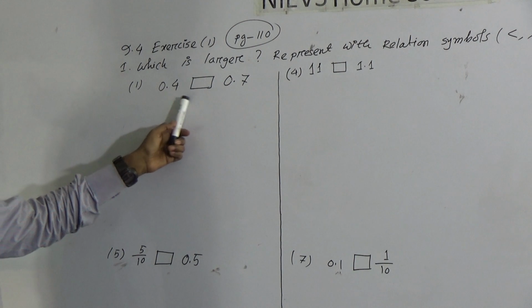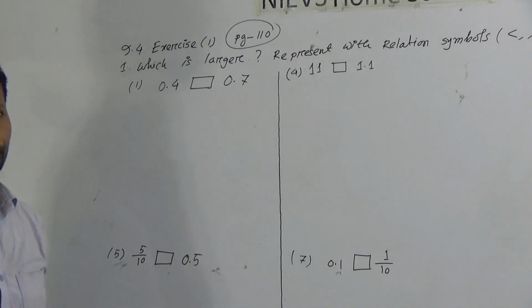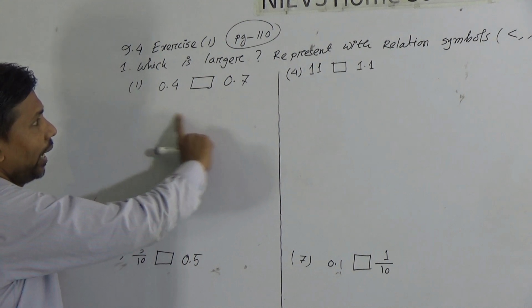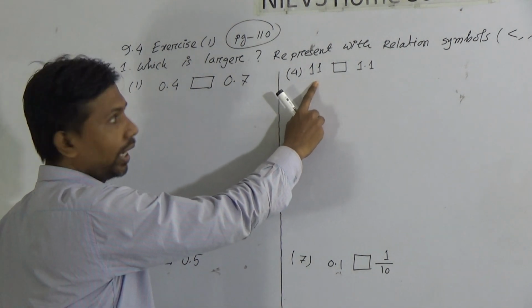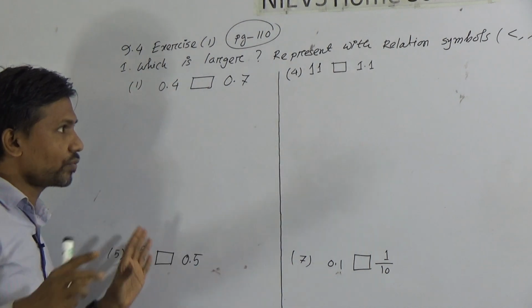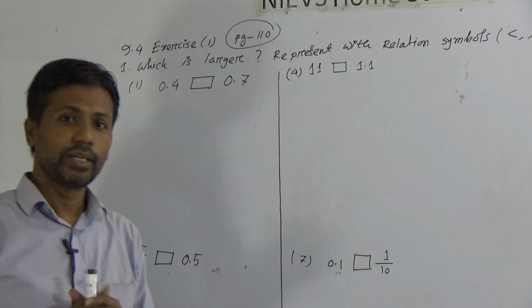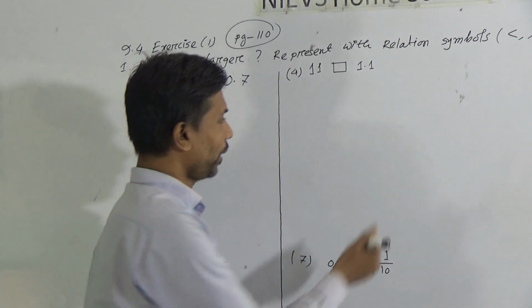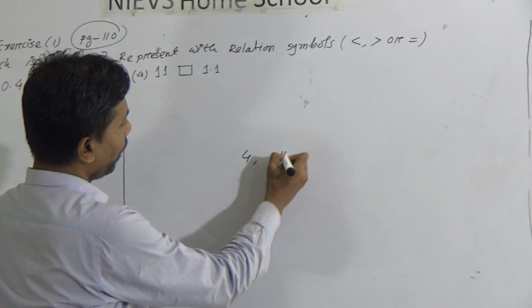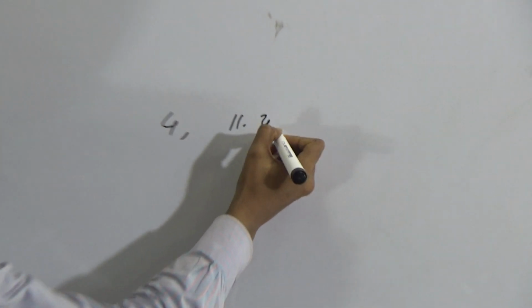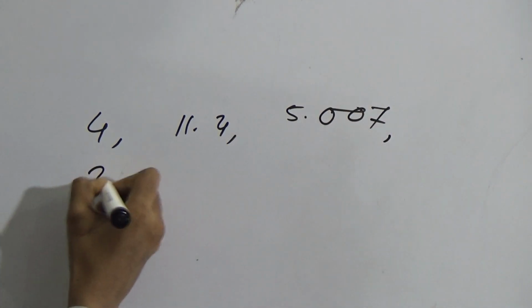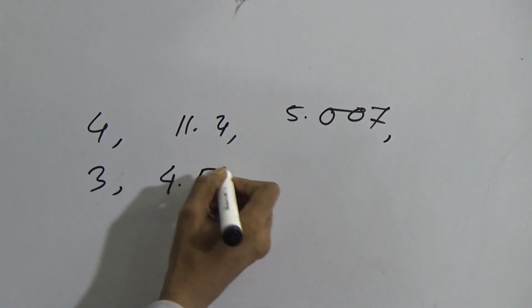0.4 blank 0.7. So you need to know what a decimal is. And see question number 4, 11 and 1.1. At first you have to know which one is the integer number and which one is the decimal number. Suppose I have written 4, 11.4, 5.07, 3, 4.5.